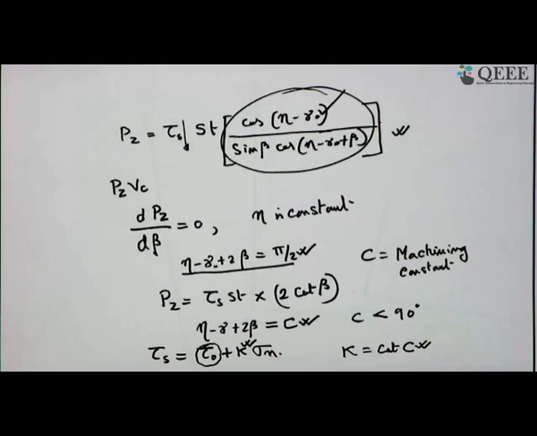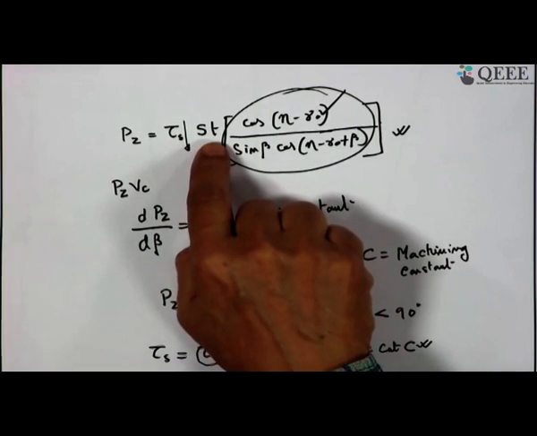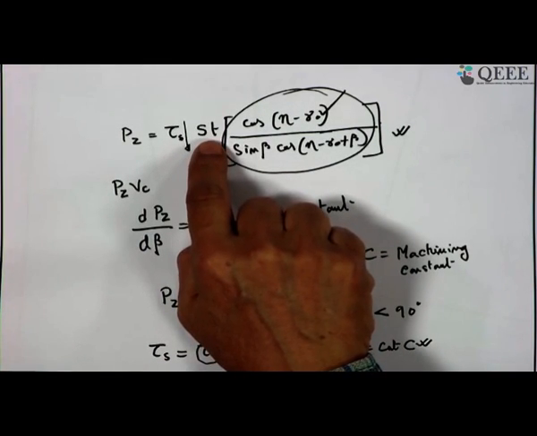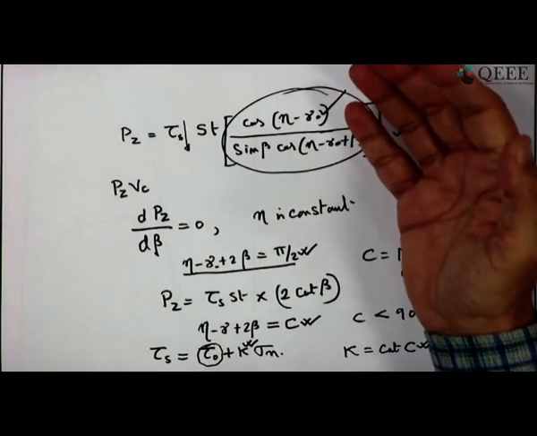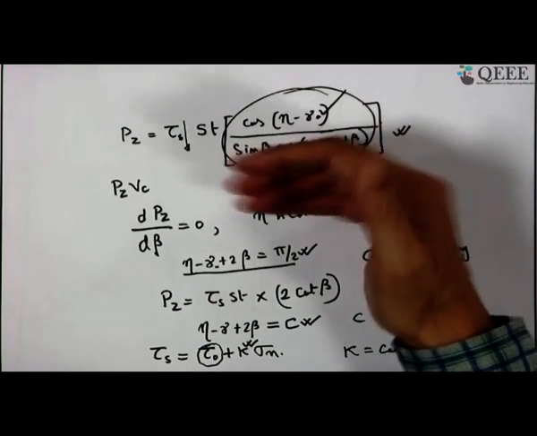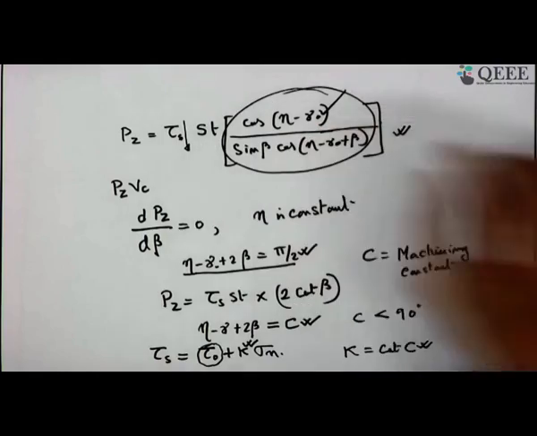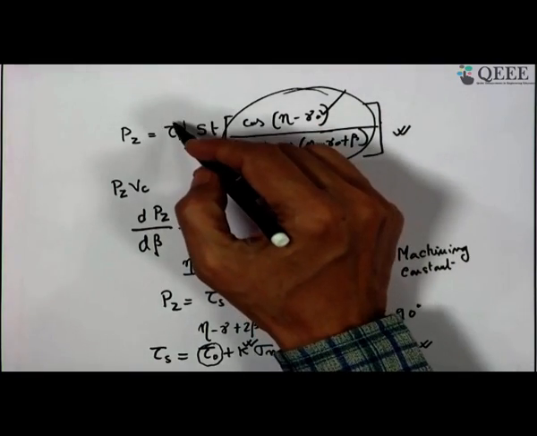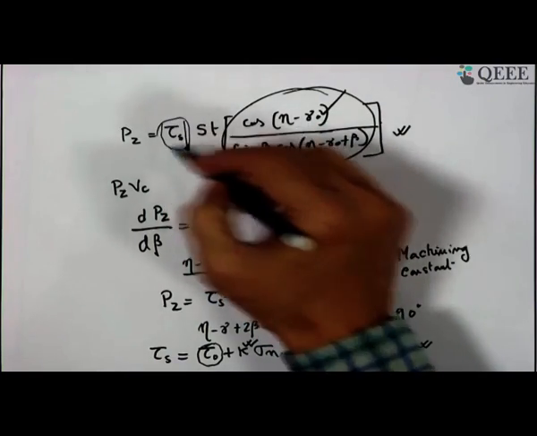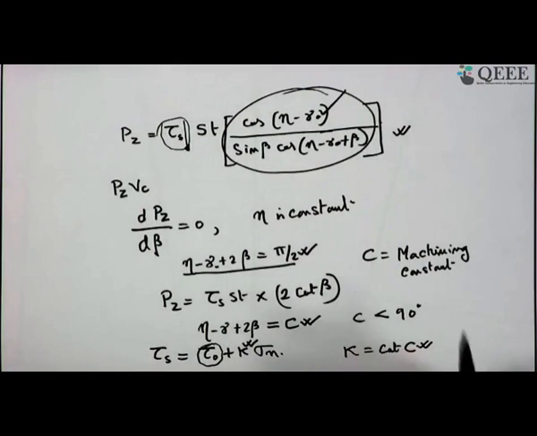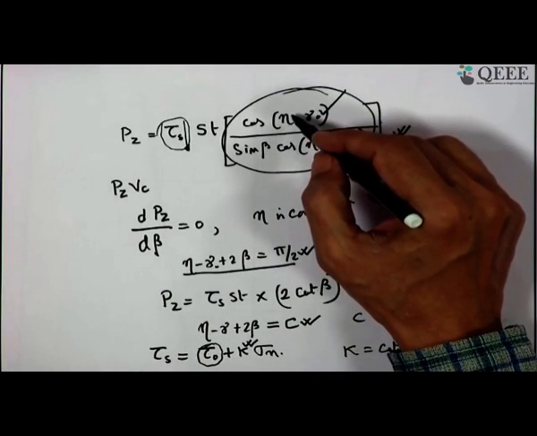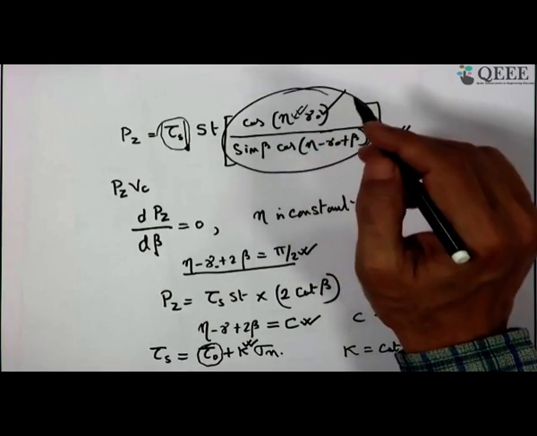So the answer would be that feed and depth of cut have direct influence, but speed also has an influence in reducing the force. One way, by reducing the strength of the material through increase of shear zone temperature, and on the other hand it touches this friction angle, friction gets reduced.